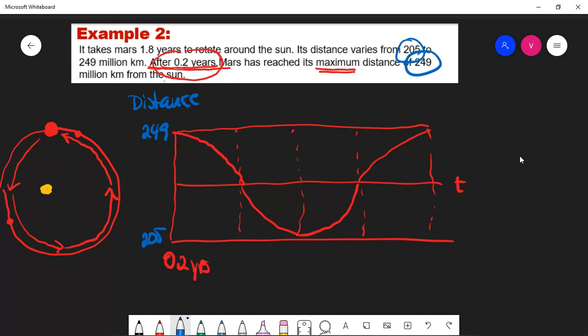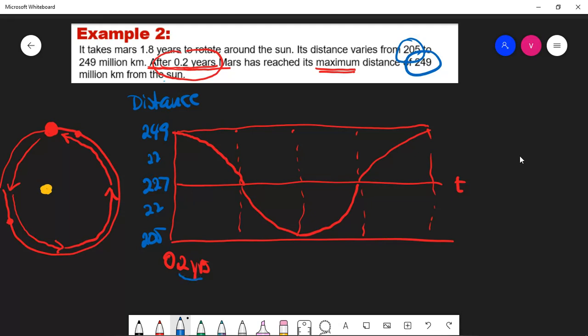Let's say 249 minus 205 divided by 2. Halfway in between, so it's 22. So 249 minus 22 is 227. Okay, so there's the max, the middle, and the minimum.